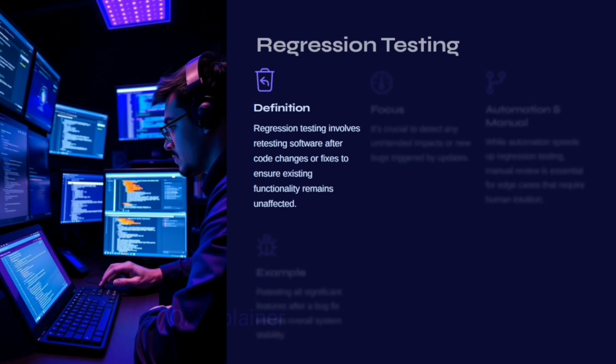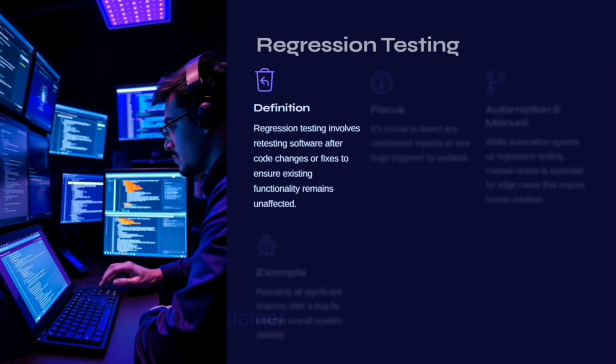We need to check the overall functionality. It is not like system testing. Regression testing is, suppose a new module came. For that new module, does it create some kind of bugs in older modules or not? That is what we are checking here.